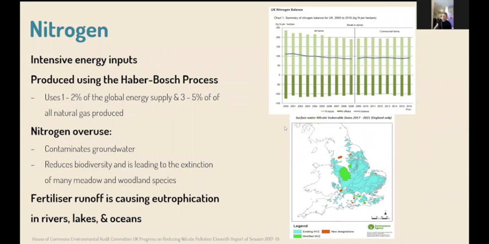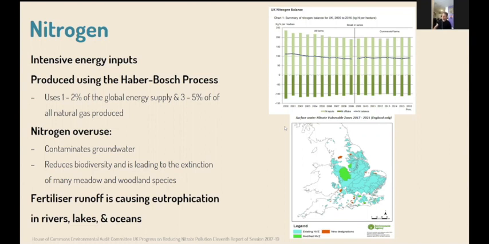It roughly uses 1 to 2% of the entire global energy supply, and 3 to 5% of all the natural gas we produce every year is used in this process, so it's massively energy intensive.